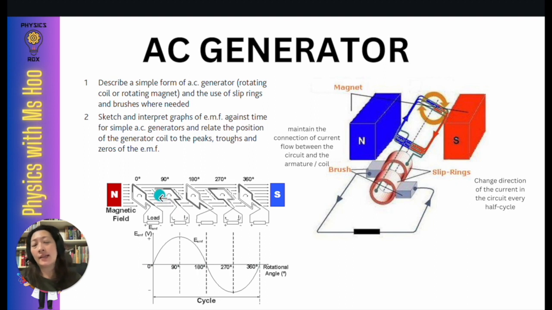When the coil is at a horizontal position like this, then the current would be maximum. At one part of the rotation, the maximum would be at the peak, and when it's done a half rotation, it's maximum on the other side, which is the trough. So basically remember this way: when it's vertical, 0; horizontal, maximum. If you've forgotten why, please watch my video about AC generators.